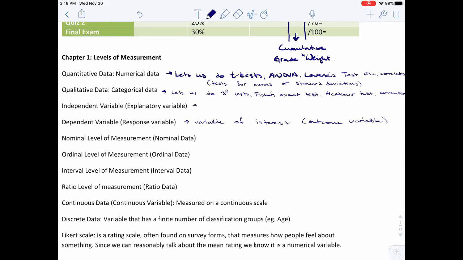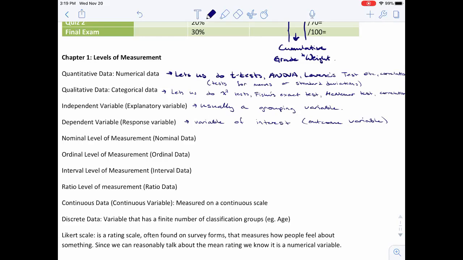Whereas the independent variable is usually a grouping variable. It doesn't have to be, but usually.